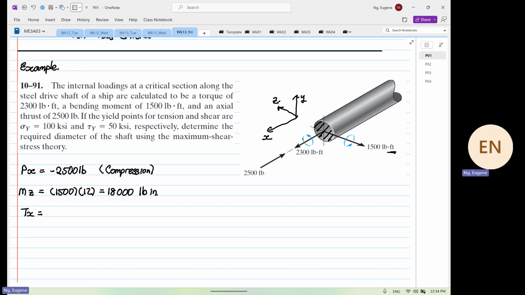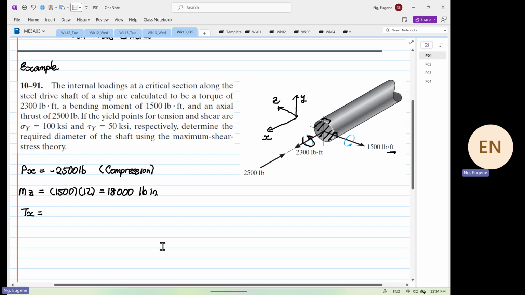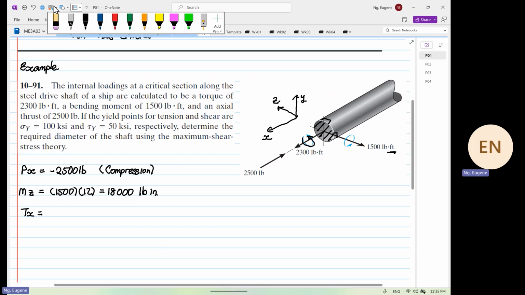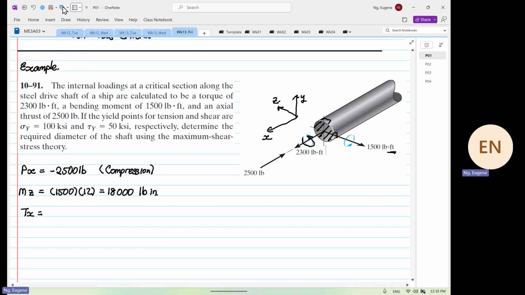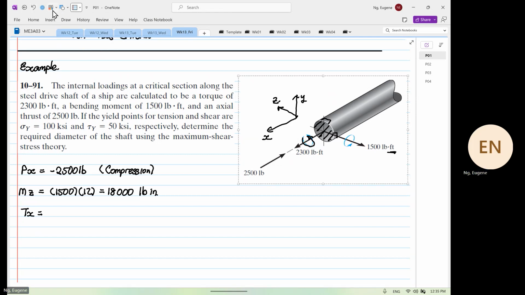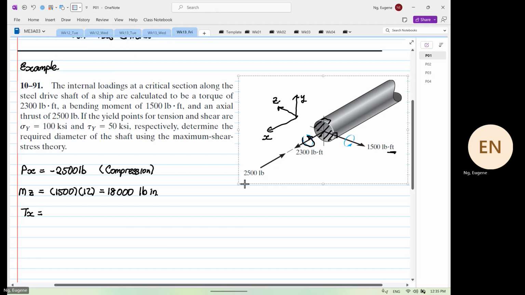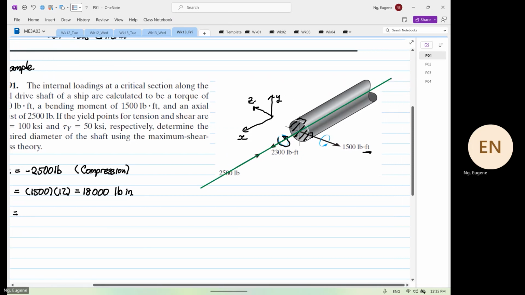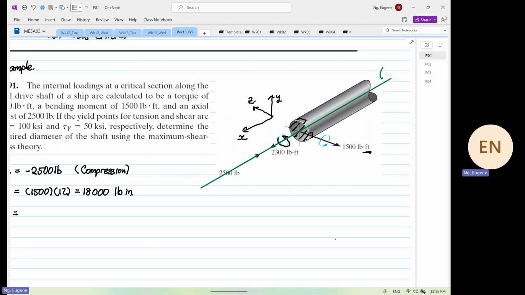The third one that we have is torque about X. Now this load that's rotating is a torque. Why? Because if we were to place an element on that axis, the center of interest, like what I've taught you before, is this center over here, the centroid.